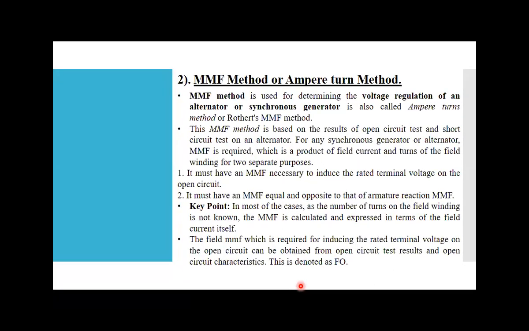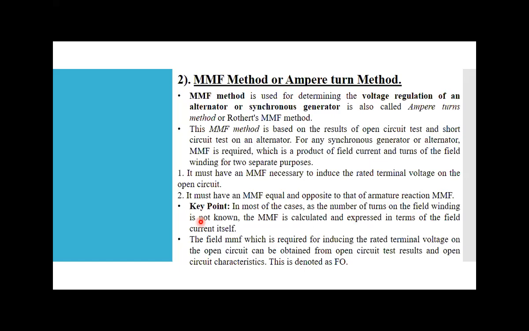When you have a nameplate of a transformer or an alternator, they never indicate how many turns you have in the field winding or in the armature winding. That's the key point here. In most cases, the number of turns of the field winding is not known. If you are a manufacturer, then you are aware of that.